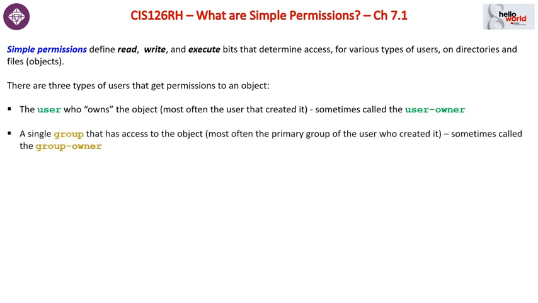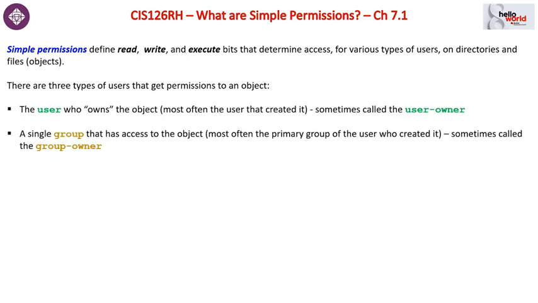And then there is a group. So we've already talked in a previous chapter about primary groups and supplementary groups. Typically, when an object is created, the user owner is going to be the user account of the person who created it, and the group owner is going to be the primary group of the person who created it.